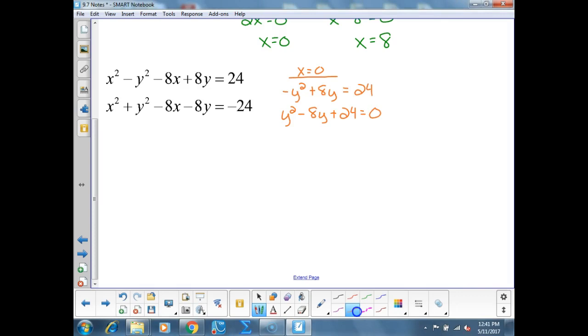Right? It's harder to factor. You know what I mean? Is it factorable? Okay, so what do we got to use? Quadratic formula.